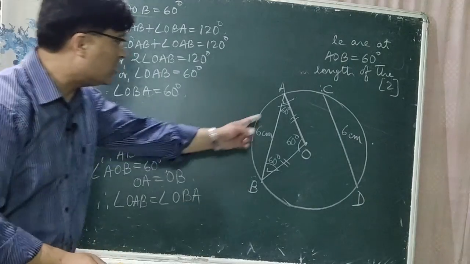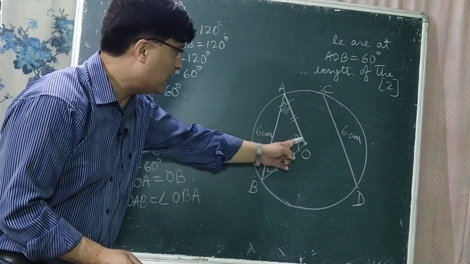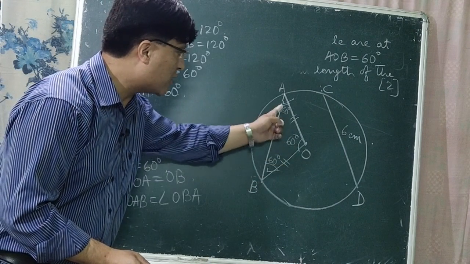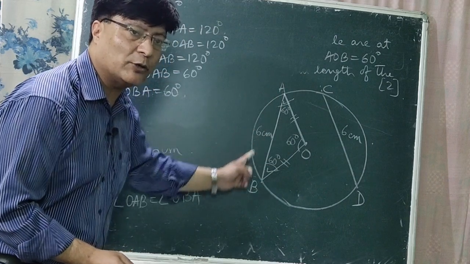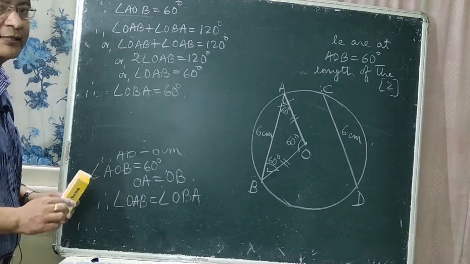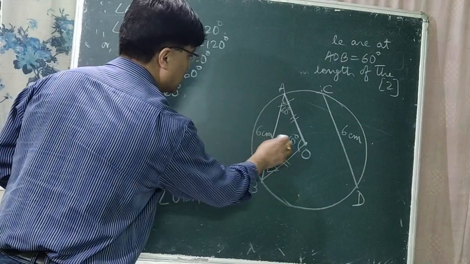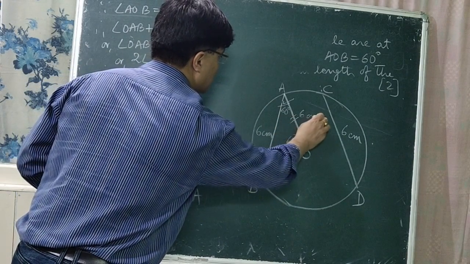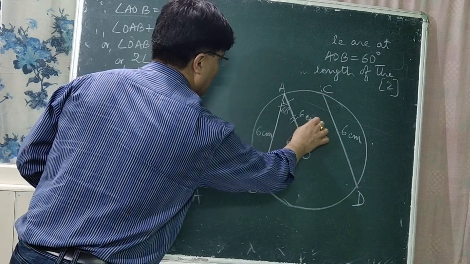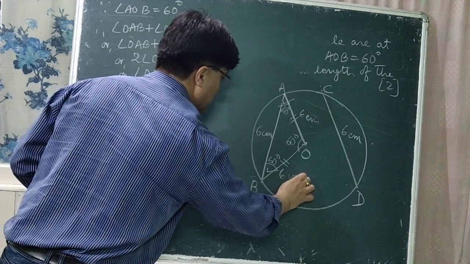You know that all these angles are equal. In the triangle, if all these angles are equal, this is an equilateral triangle. That means all sides are equal. If this is 6 centimeter, OA is also 6 centimeter and OB is also 6 centimeter.